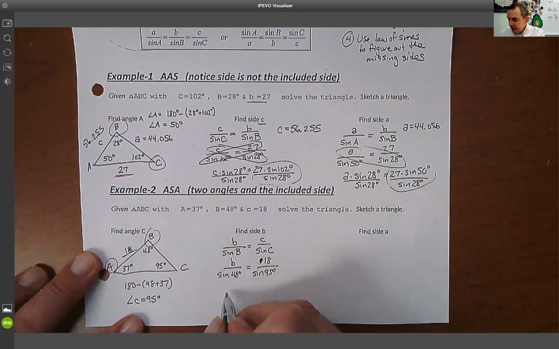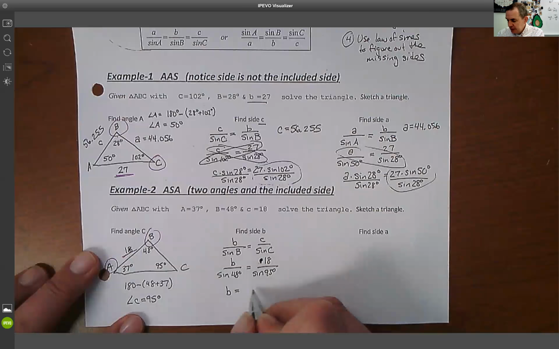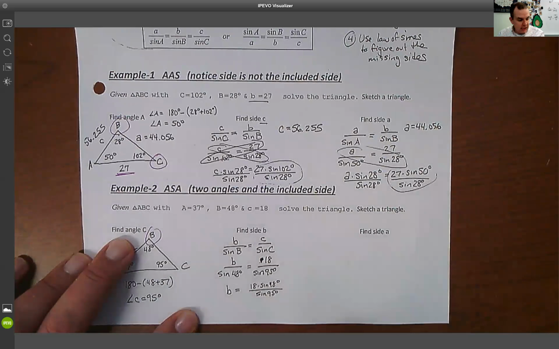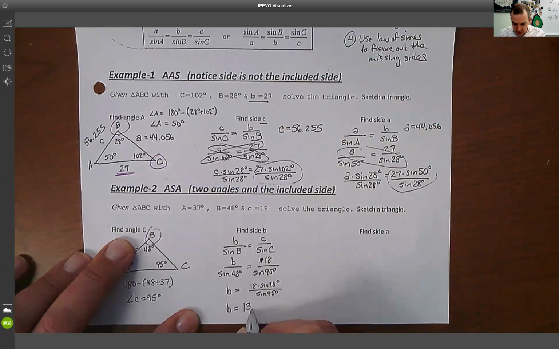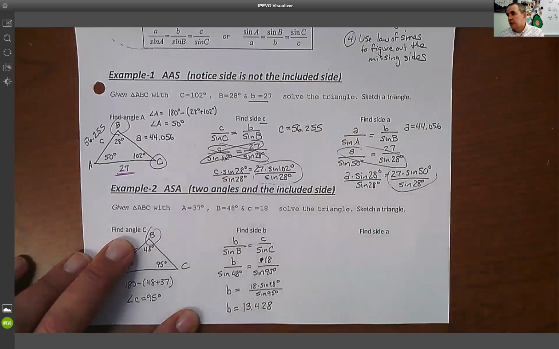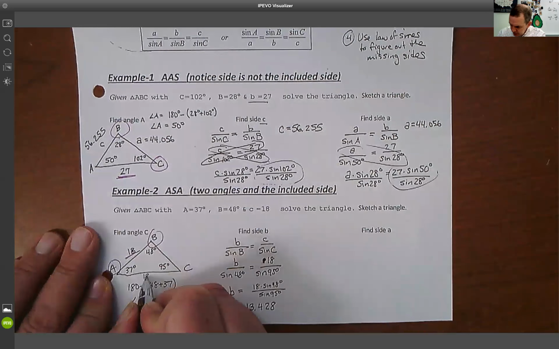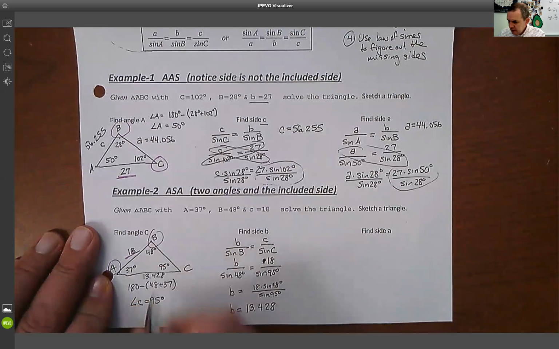I do my cross multiplication. I'm going to find out that B equals 18 times sine 48 degrees divided by sine of 95 degrees. When I simplify this, B is going to equal 13.428. So this side down here is going to be 13.428.